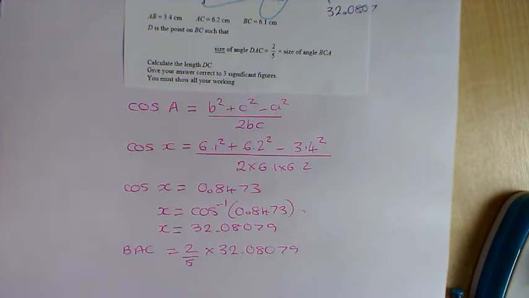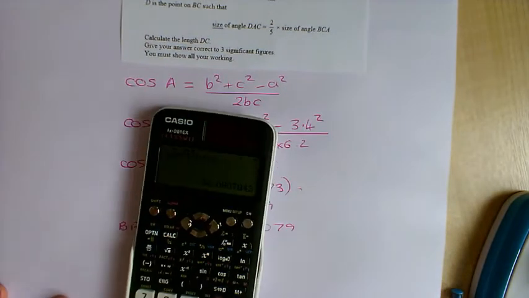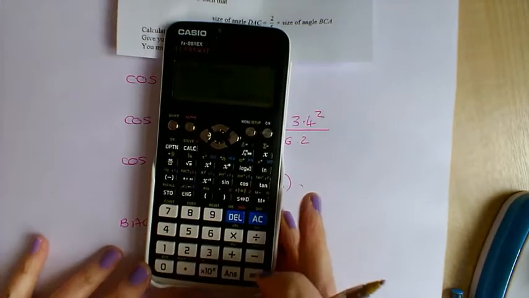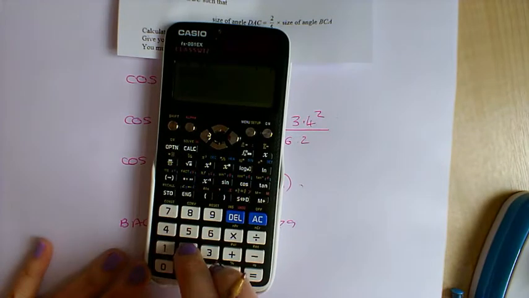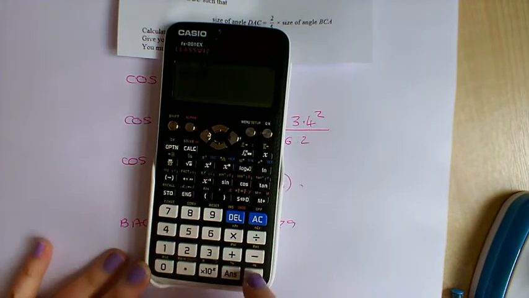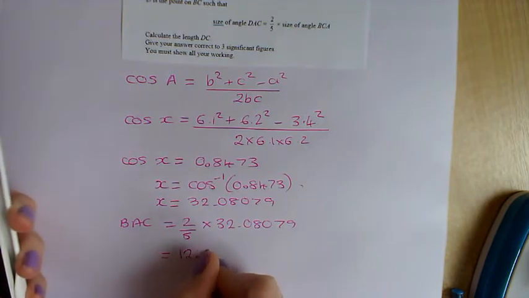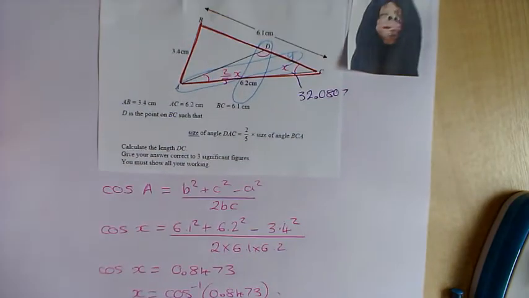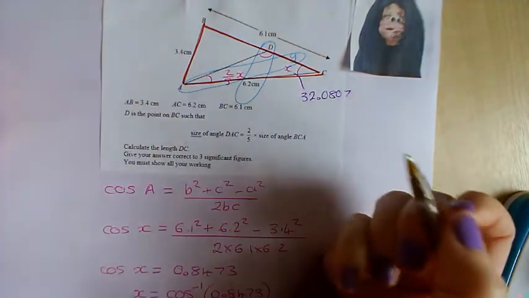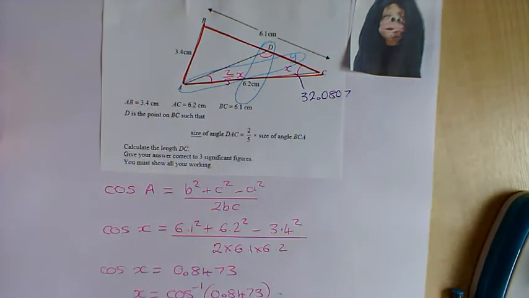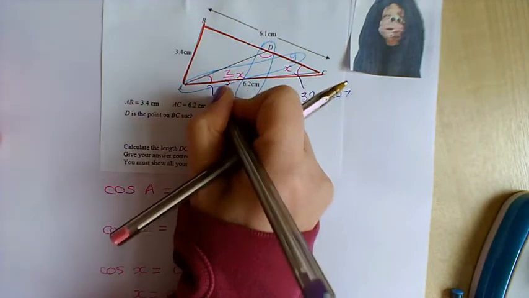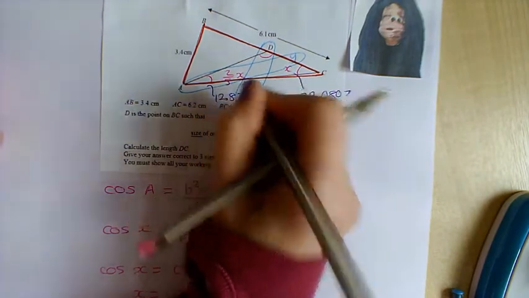Hence, because it's already on my calculator, whatever I've got stored, I'm just literally going to type in times by 2/5. And that gives me 12.83. Again, not quite going to the three significant figures just yet, keeping it a bit more accurate. So this one here is 12.83.